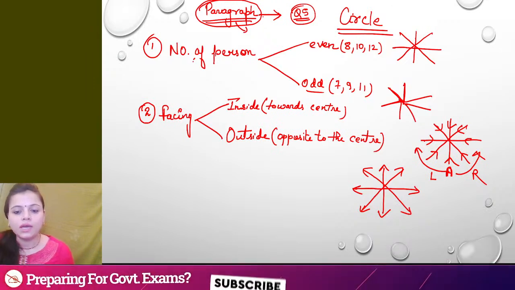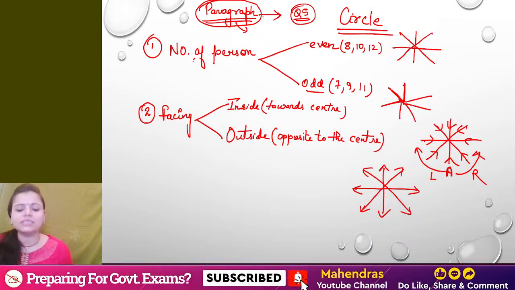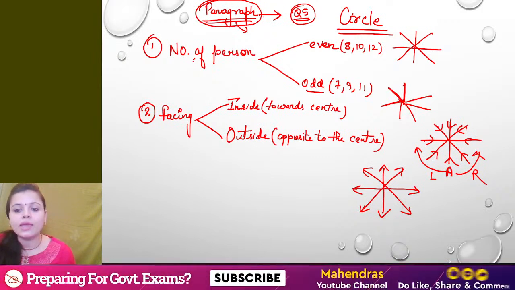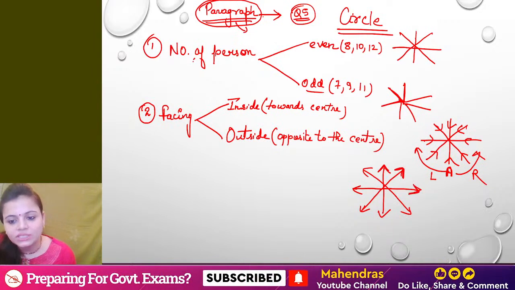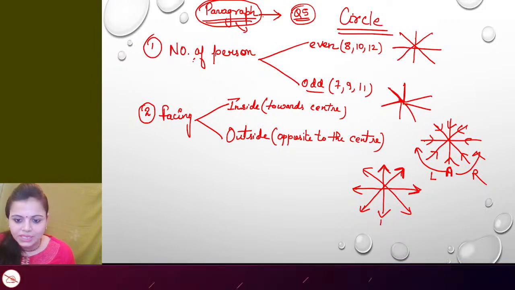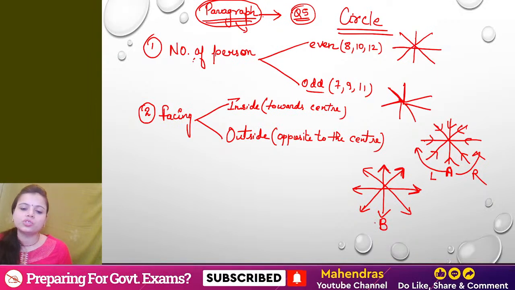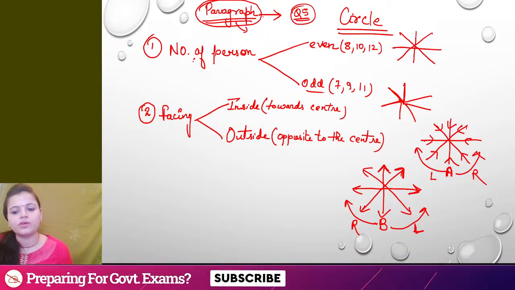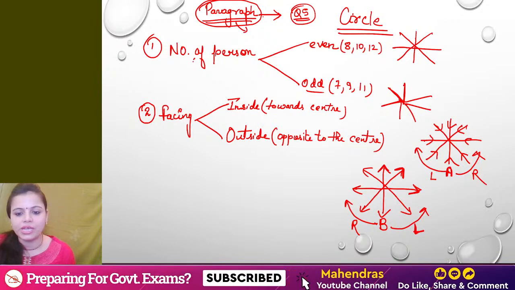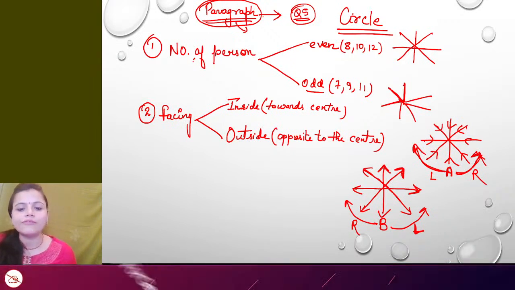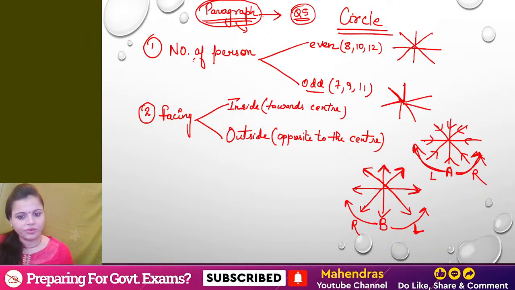When the persons are facing outside, if you put a person in this place, let's say B, this is the right of that person and this becomes left. So when the facing is changed, the left and right of that person are changed. Yes, the left and right depend on the facing of the person, right?